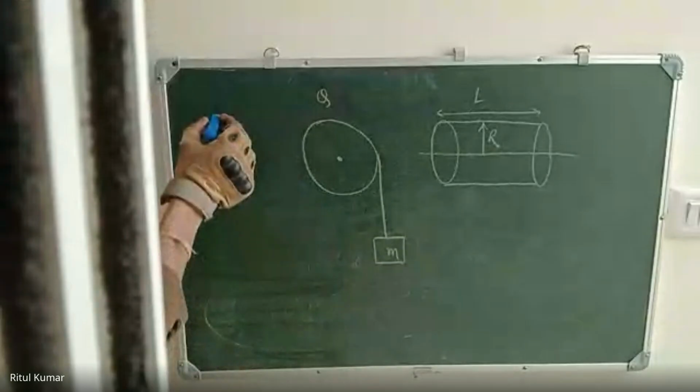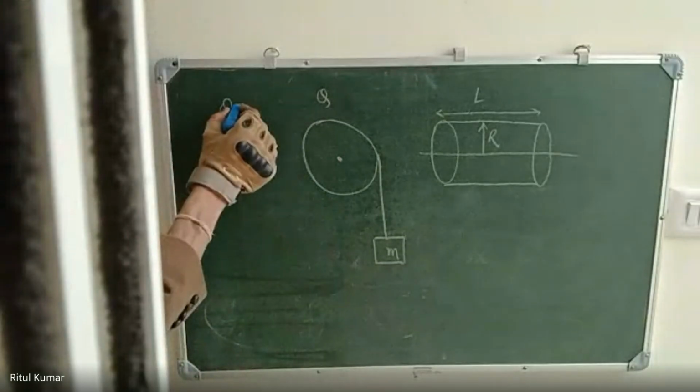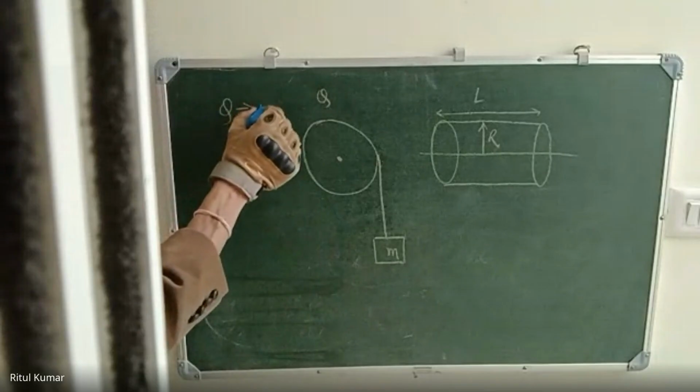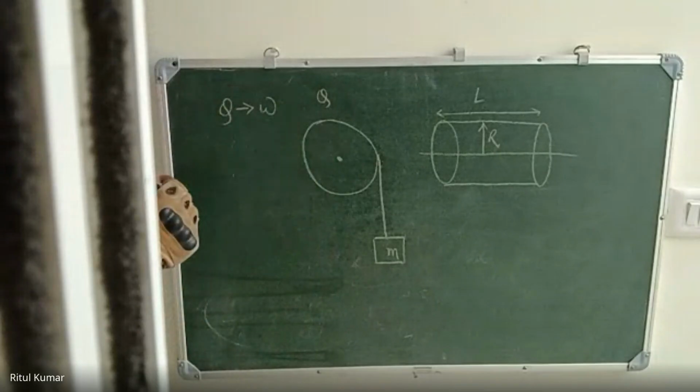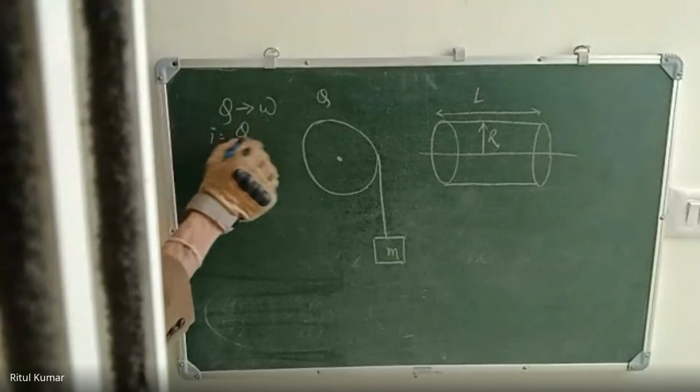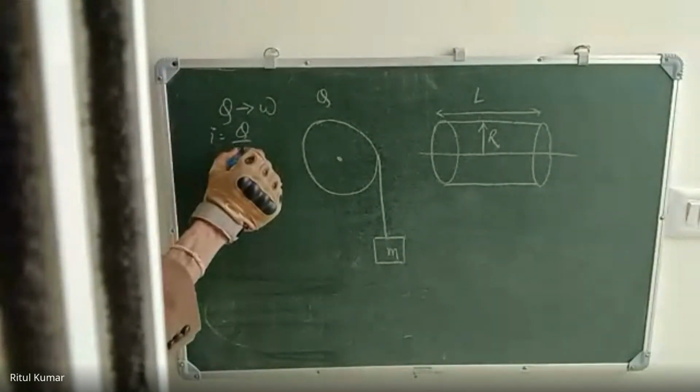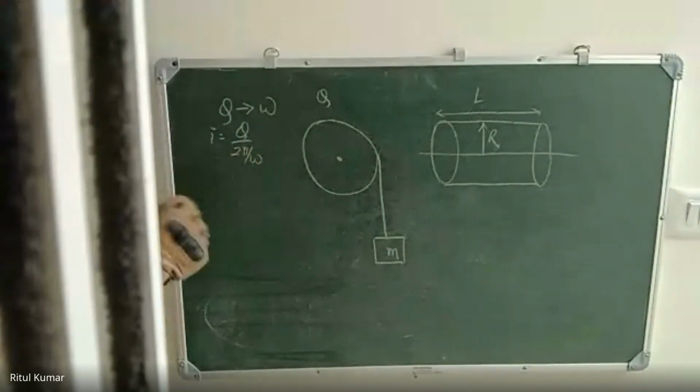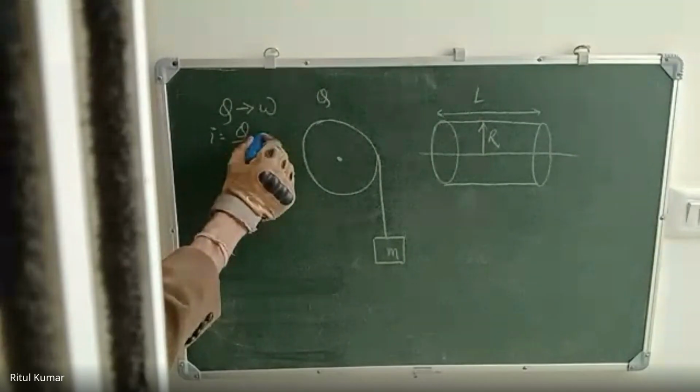Yes, sir. Okay, so when a charge flows with an angular speed omega, let's say if it is rotating, then current we know is equal to charge divided by 2 pi by omega. That is the time taken for the charge to rotate once, which gives us the formula.